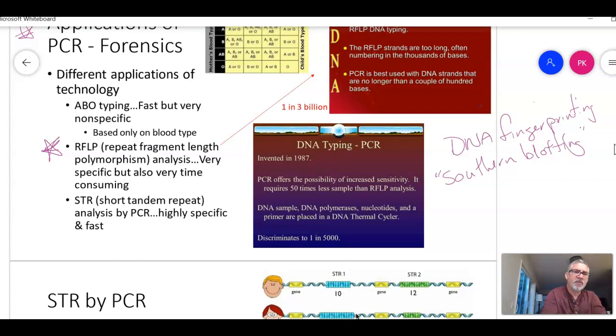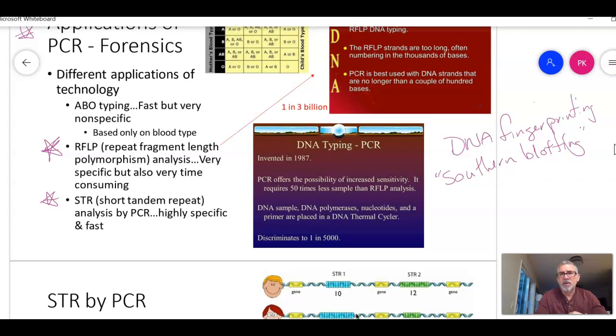So the discovery of things called STRs, right, short tandem repeats. Now, short tandem repeats are less specific than RFLPs, but I can look at more of them. So I can use my STR analysis to make it highly specific and fast if I use a number of them. Okay, so RFLP is about 1 in 3 billion.